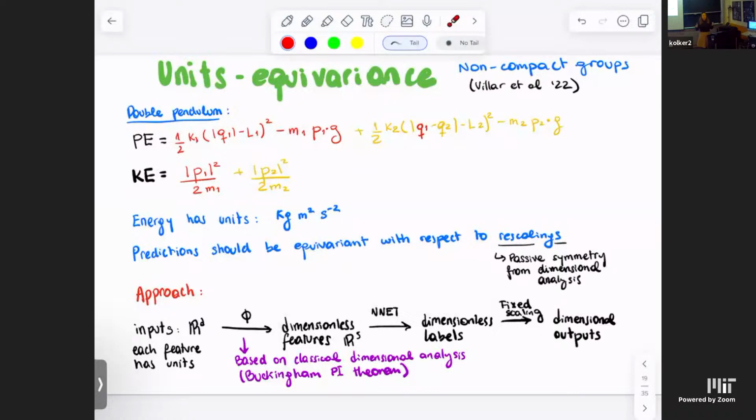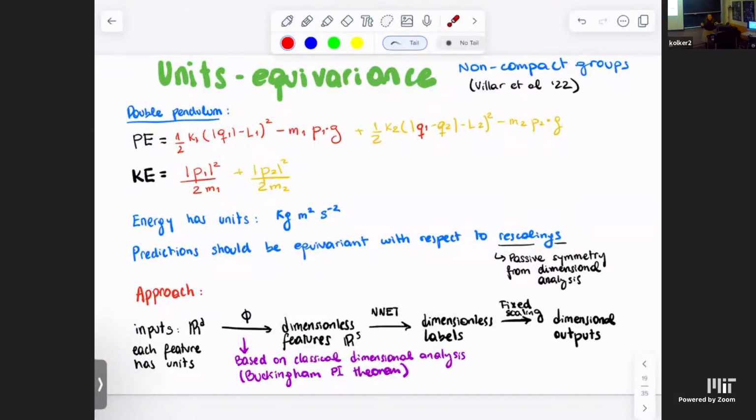So in order to make these units equivariant, I need to have all these inputs that have units be part of my model. If I don't, then the equivariance is not there, right? But that's an interesting experiment to do. And the way you can impose this symmetry, which is a symmetry with respect to rescaling, which is a non-compact group and brings a lot of things.